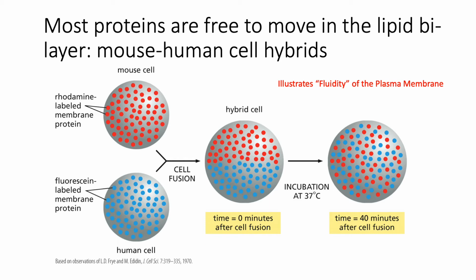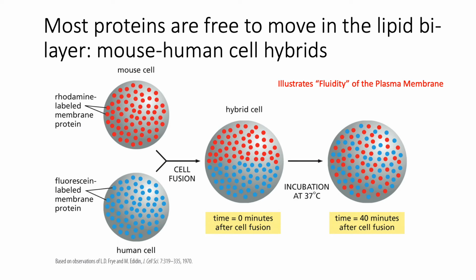The human cells have proteins on the cell surface. And what happened here in this particular experiment, they took antibodies that recognized proteins on the mouse cell and labeled those antibodies with rhodamine, which is a fluorescent dye which fluoresces red under UV light. So the mouse cells were labeled with a red marker.